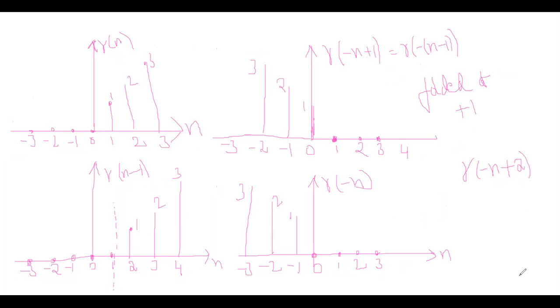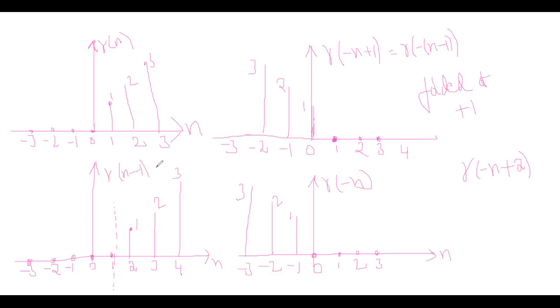Let us see how R of minus n plus 2 looks. This is the folded version of R of n minus 2. So before that, you can draw R of n minus 2 function.